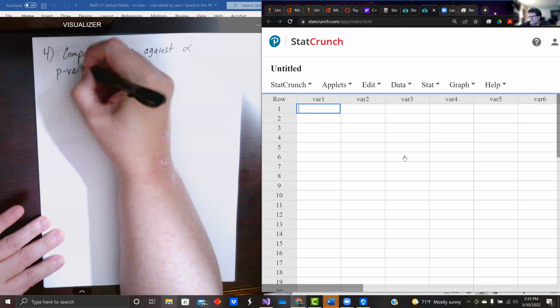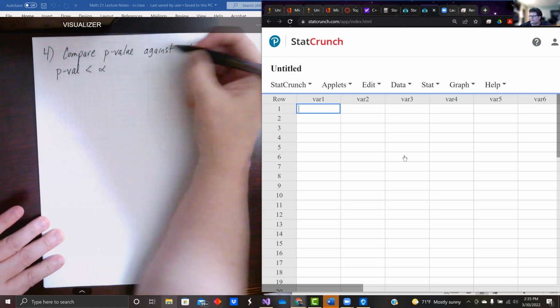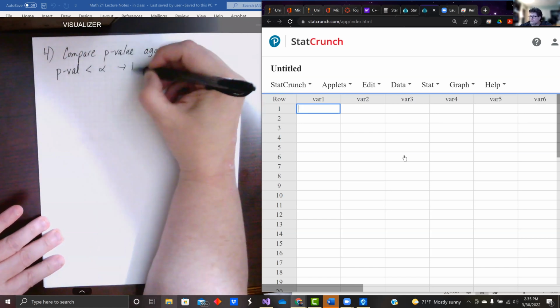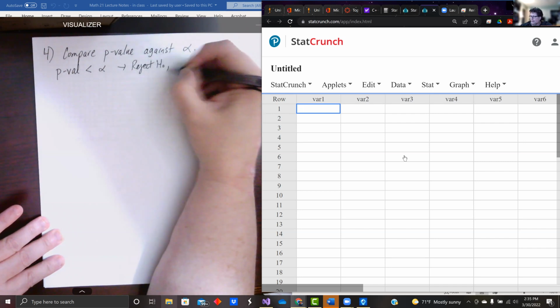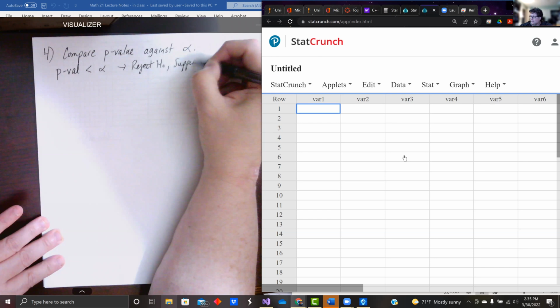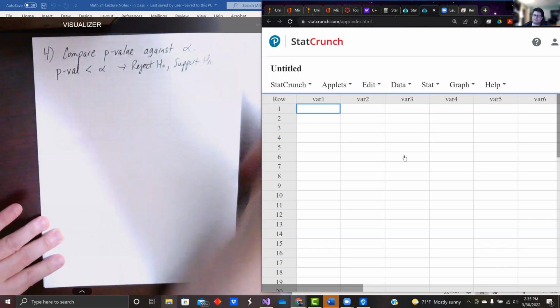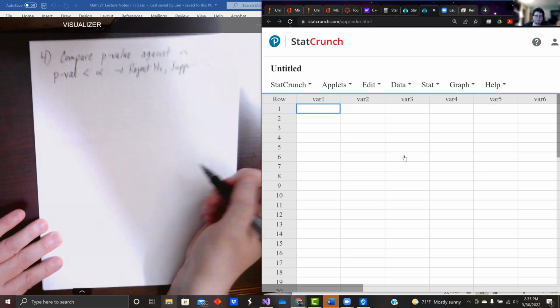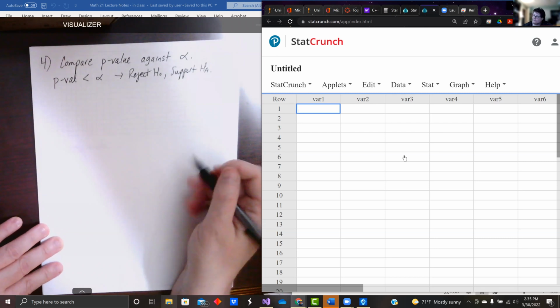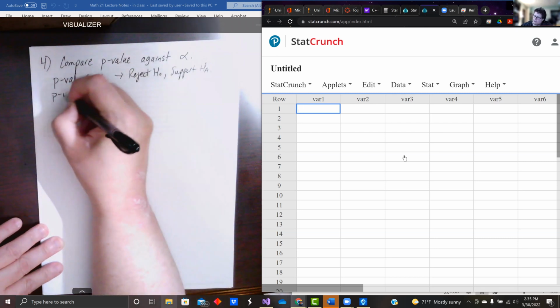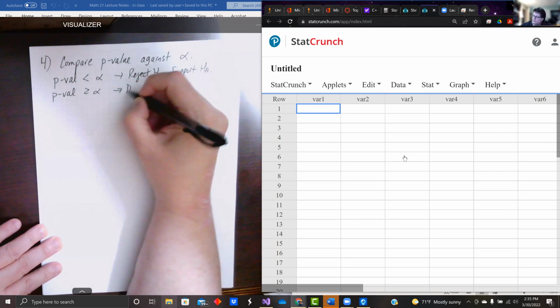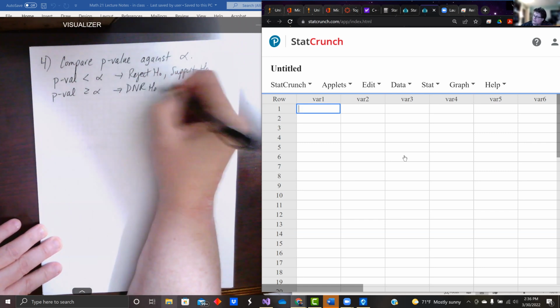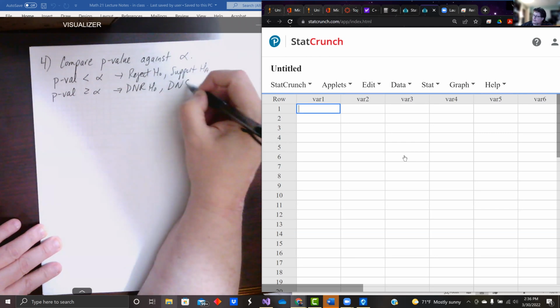If the p-value is lower than alpha, or less than alpha, we reject H naught and we support HA. So all we got to do is compare two numbers and go, which one's larger? If the p-value is larger than or equal to alpha, we do not reject H naught and we do not support HA.